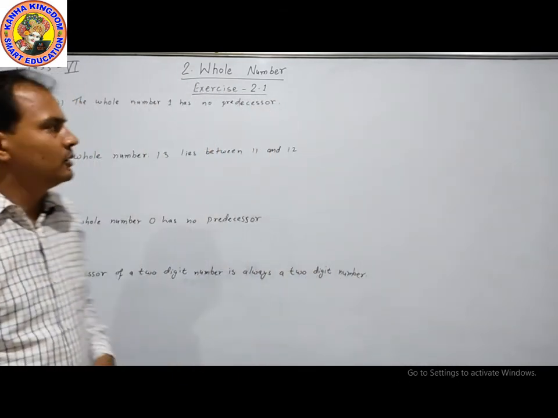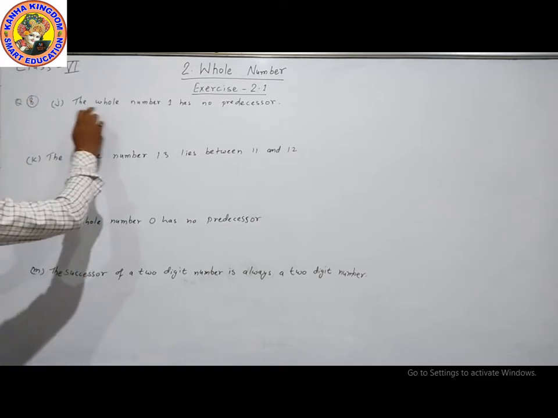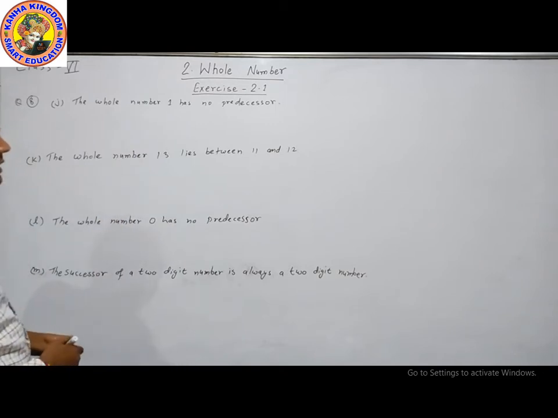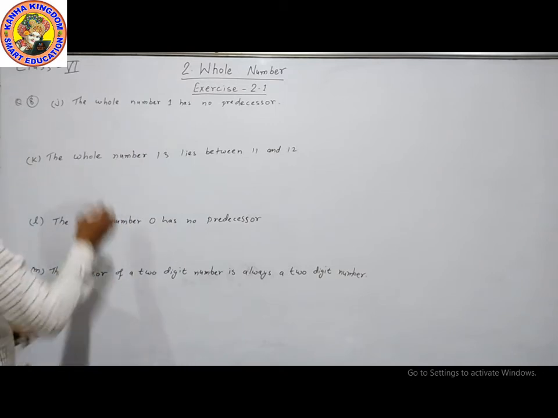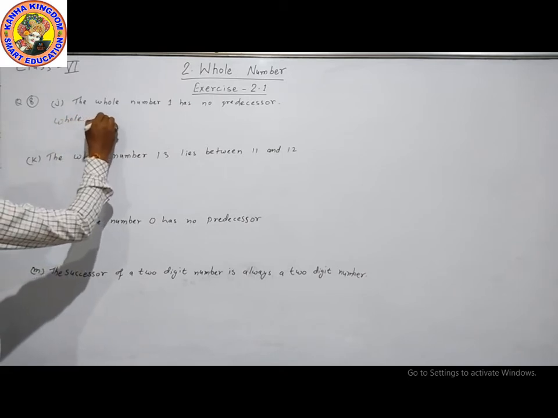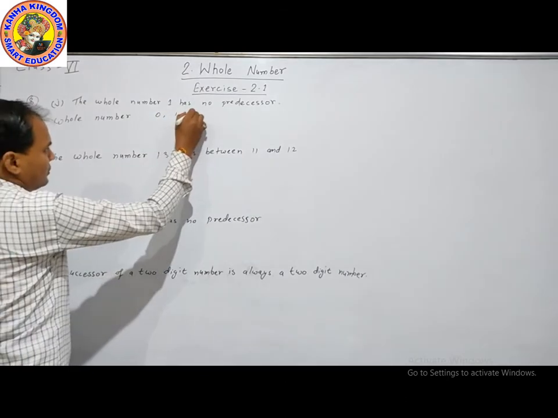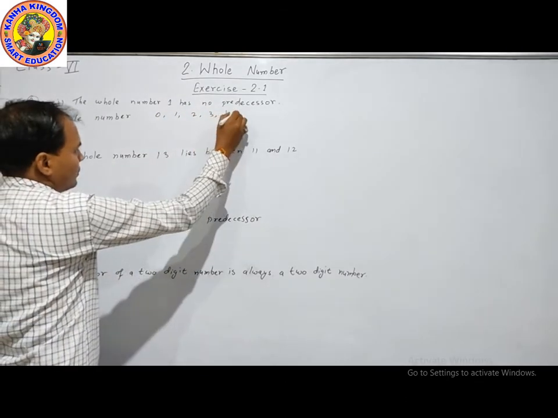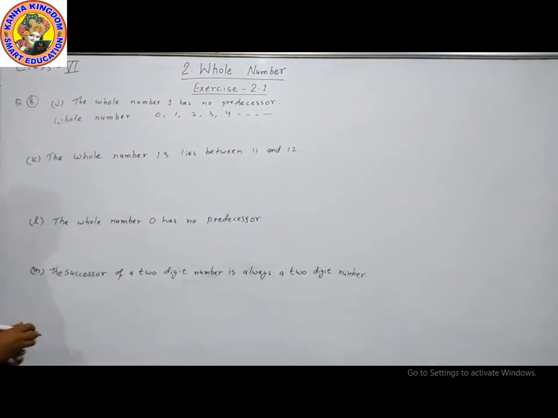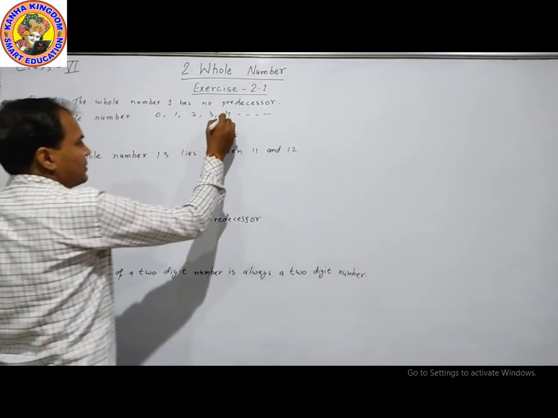So students, our next question is question number 8. Which one is true or false? The whole number 1 has no predecessor. Which are the whole numbers? 0, 1, 2, 3, 4 and so on. These are the whole numbers. What is a predecessor? Predecessor is our previous number.